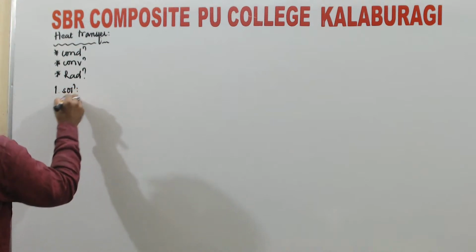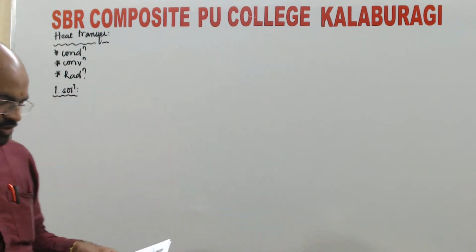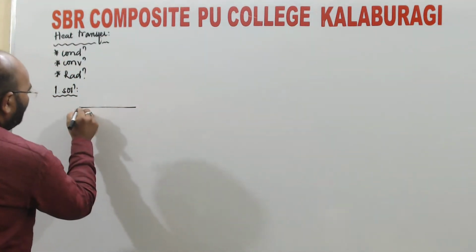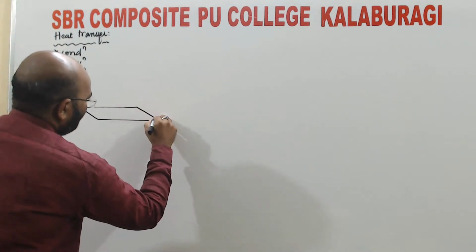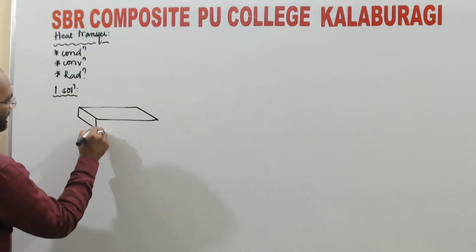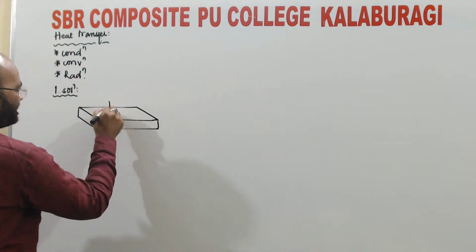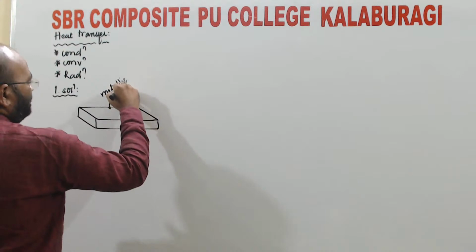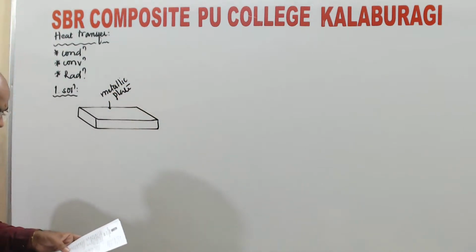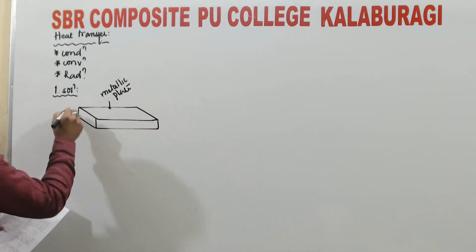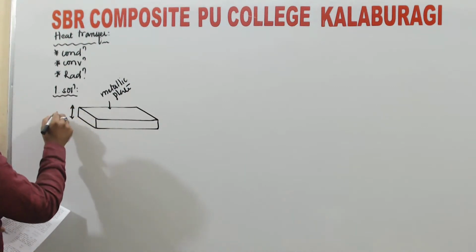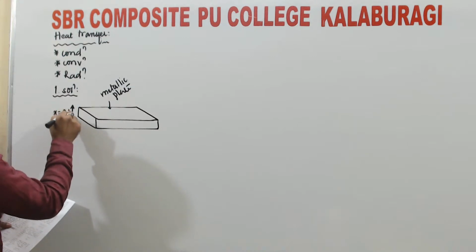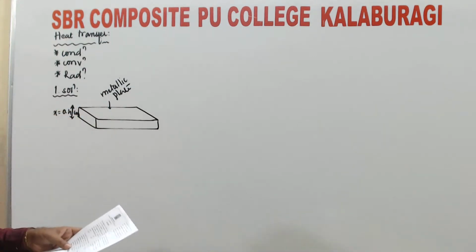Imagine this is a metallic plate whose thickness is given. The thickness of the metallic plate, that is X or L, is equal to 0.4 centimeter.